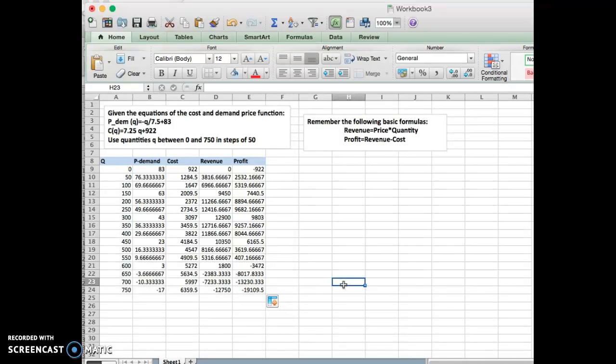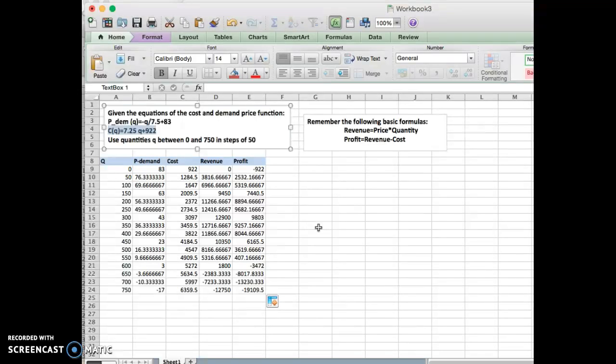Now, it would be kind of interesting to note that, for instance, in the cost function here, the 7.25 is multiplied times the quantity. So that one tells you that that's the part of the cost that changes depending on how the quantity changes. So that's variable.